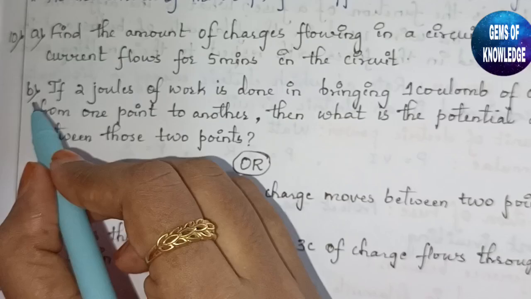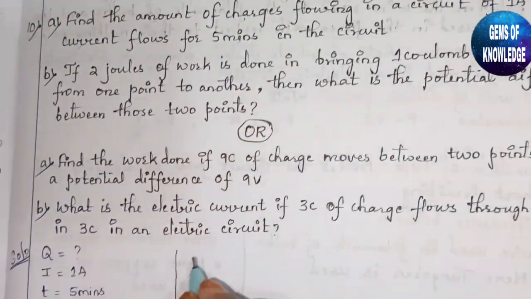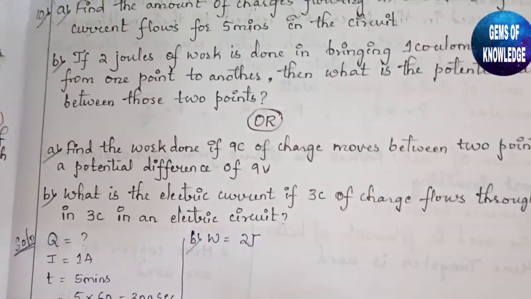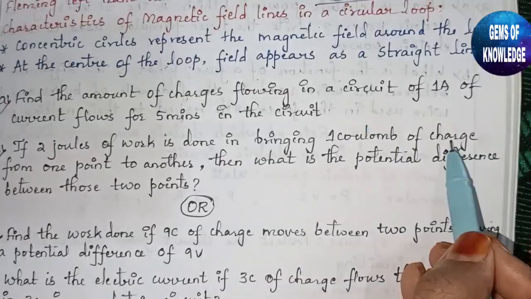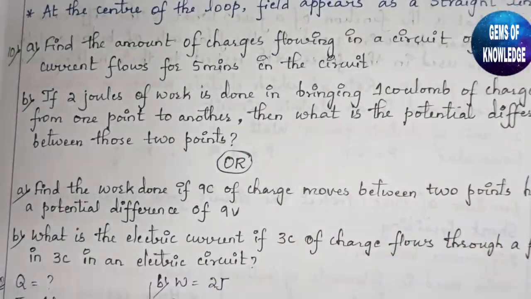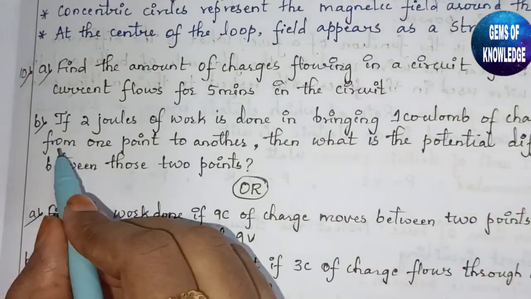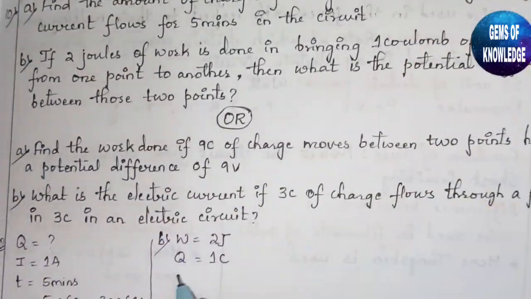Second one, B, one more question is given. If 2 joules of work is done, W is 2 joules, to move 1 coulomb of charge, Q is equal to 1 coulomb, from one point to another, then what is the potential difference between the 2 points?